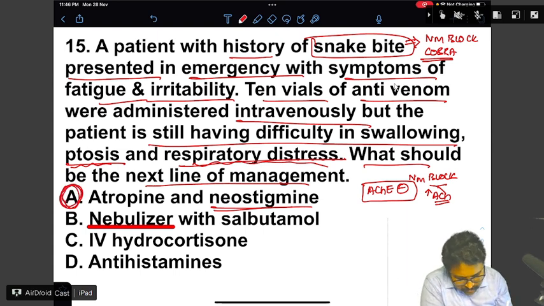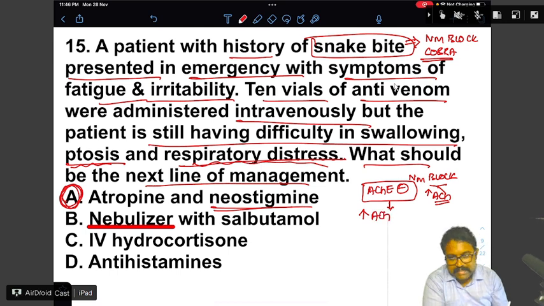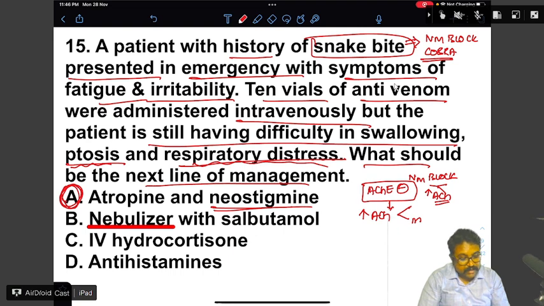So why do you need to give atropine along with that? Please remember, whenever you give an acetylcholinesterase inhibitor, there will be an increase in the acetylcholine, and this increased acetylcholine will act on both muscarinic as well as nicotinic type of receptors.